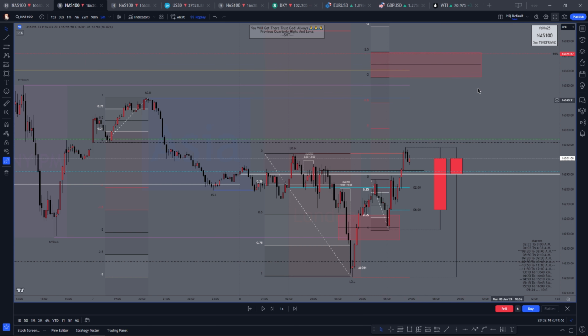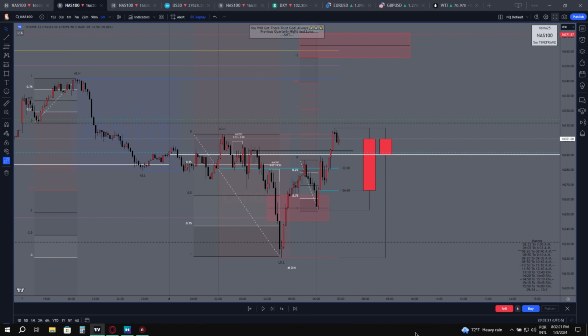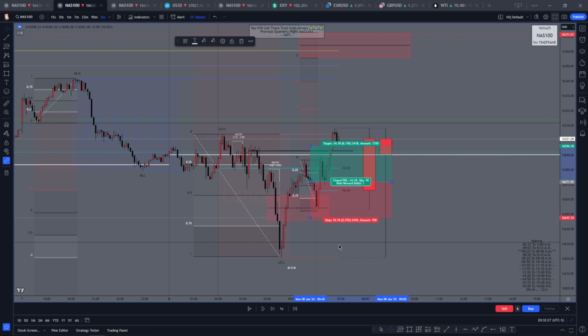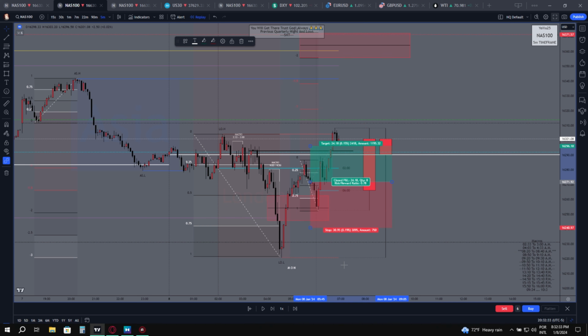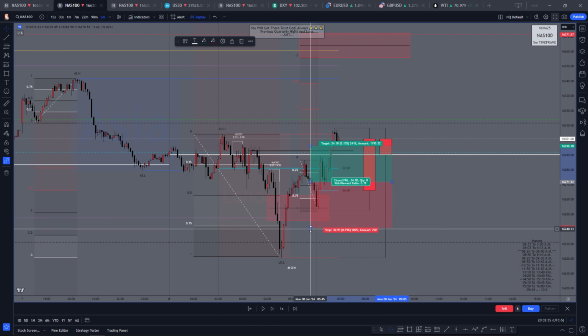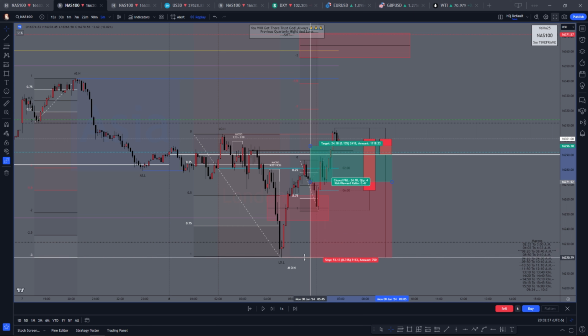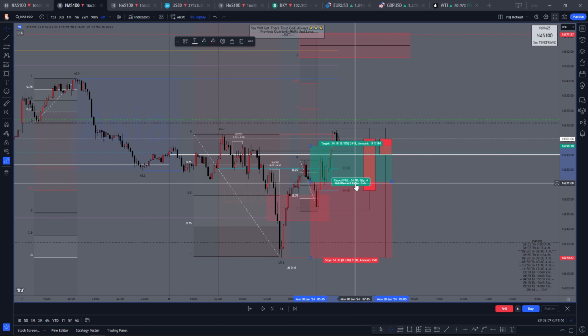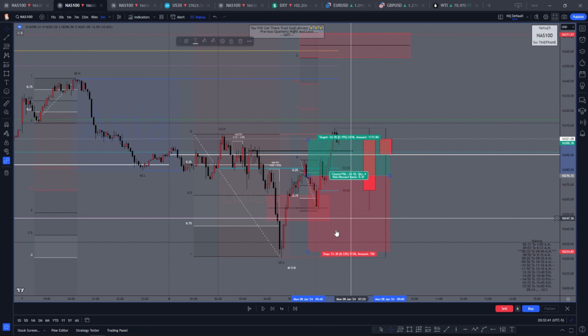Okay, so we will go long here, something like this. When it reacts at the break, I will buy. My stop loss will be below this candle, this one. The safest stop loss in this case will be below here, right here. But it's a huge stop loss. I won't do that.